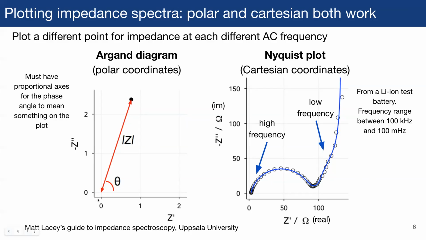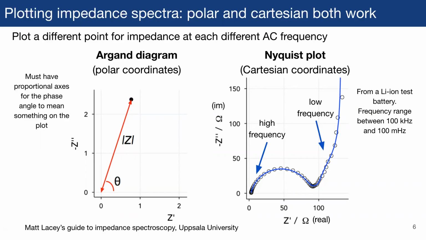We always need to have proportional axes because some of the shapes that are usually shown in some of these plots require proportional axes to actually see the right type of shape. So it's important to have axes that are of the same size on both your X and Y.